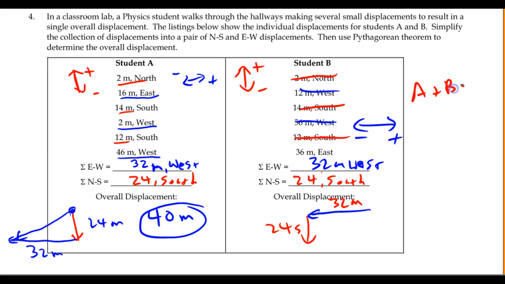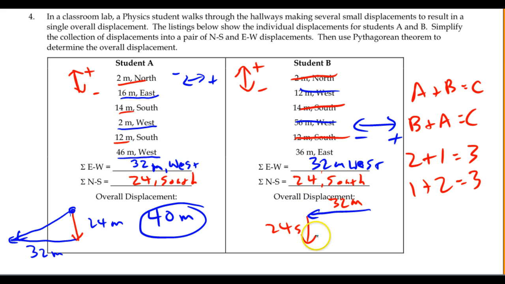A plus B equals C, and B plus A equals C. Just like with numbers, 2 plus 1 equals 3, and 1 plus 2 equals 3. 32 first plus 24 south second equals 24 first plus 32 second. We get the same value as long as they're in the same direction. Since they are both the same, I don't have to recalculate. This is also going to be overall 40 meters.